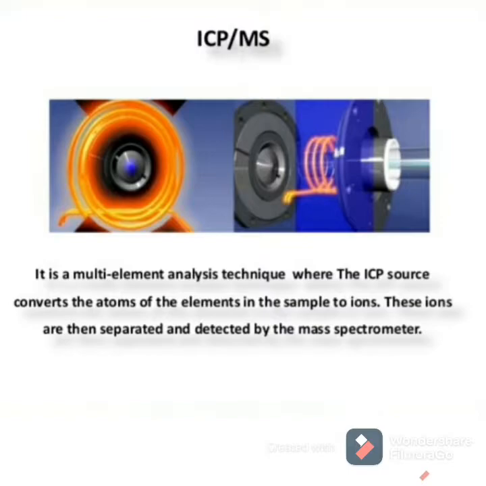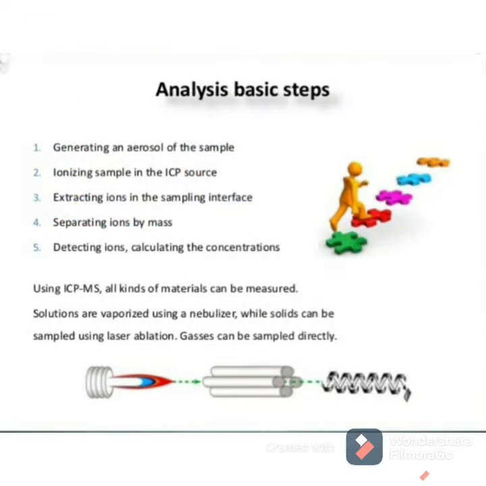It's called ICP-MS. What are the basic steps of analysis? I will define them. When you send your sample into ICP-MS, it is in liquid form. First, generating an aerosol from the sample. Then ionizing the sample in the ICP source, which decomposes and ionizes our sample.